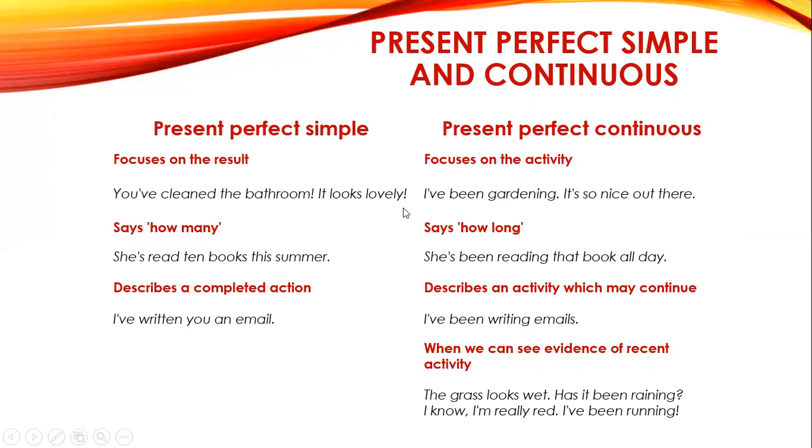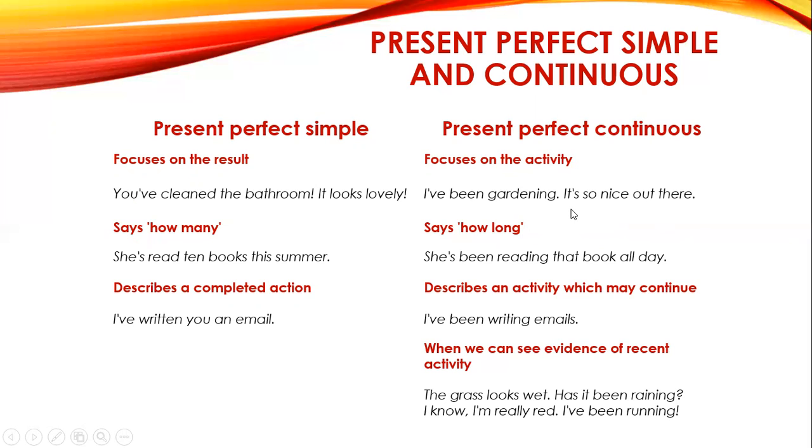Okay, so you ended the activity, so you focus your attention on the result. Or says how many: she has read 10 books this summer. Or you use it to describe a completed action. I have written you an email. I already finished.